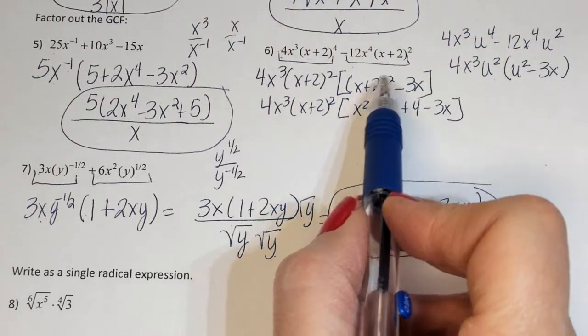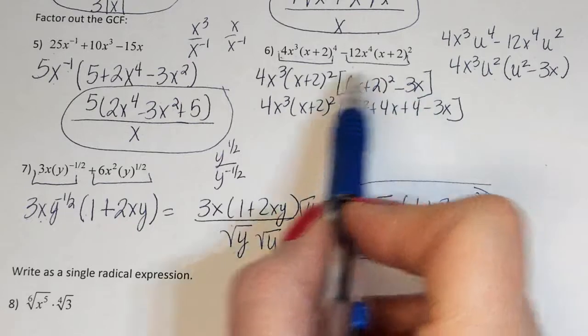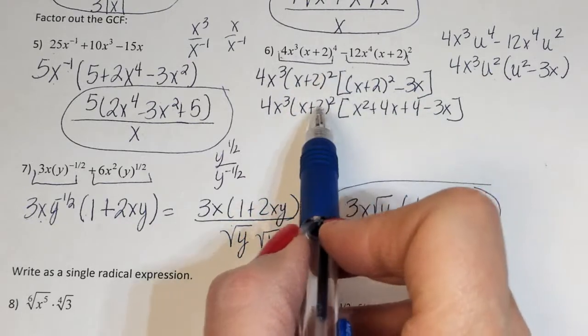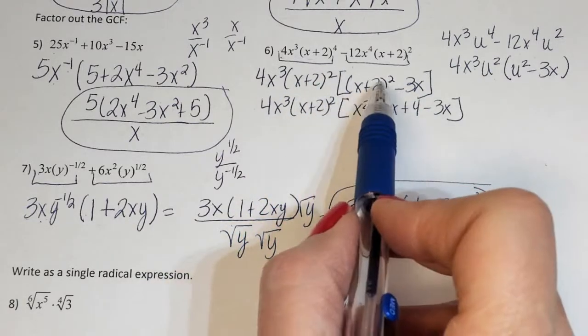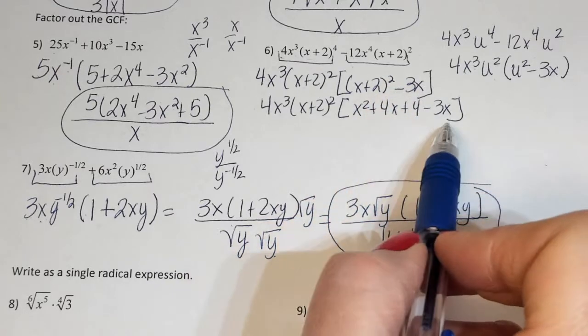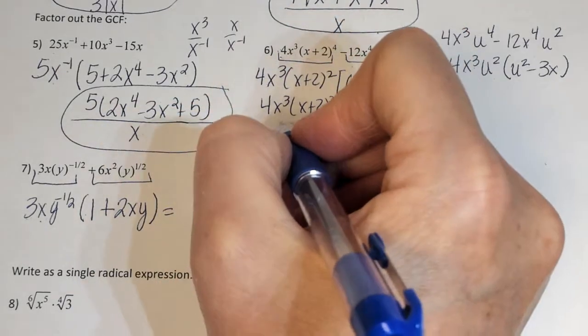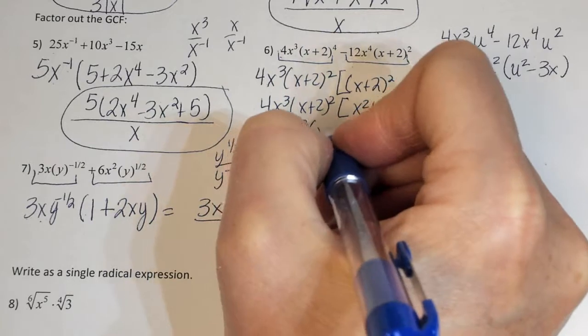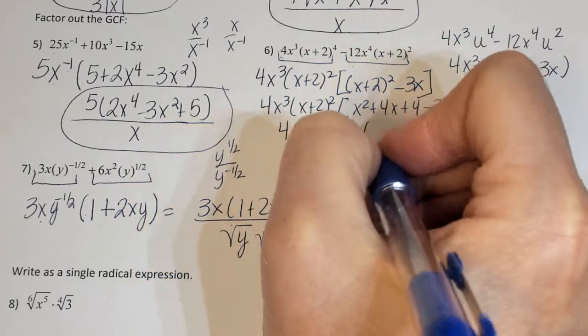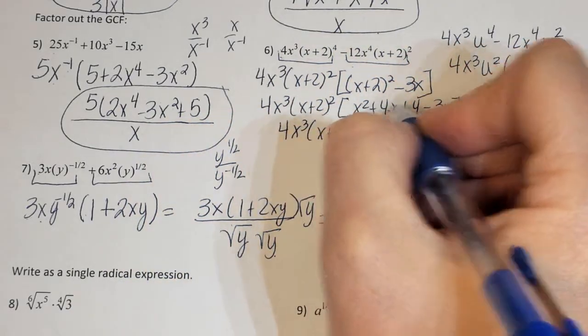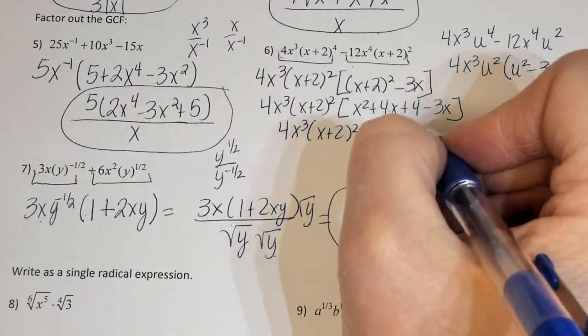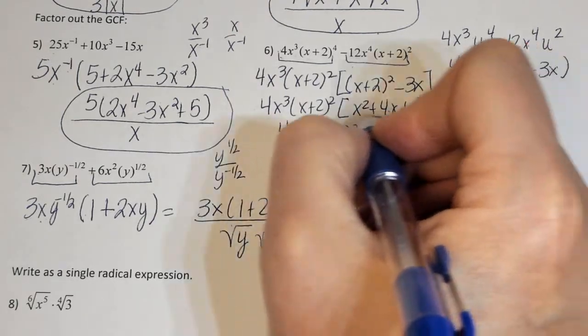See, this is saying I have to square it and subtract 3x. This one is just a quantity squared. That's why I didn't have to do anything with it. But this one is squared minus 3x. So now I'm going to have 4x cubed, x plus 2 squared, x squared, 4x minus 3x is x, plus 4.